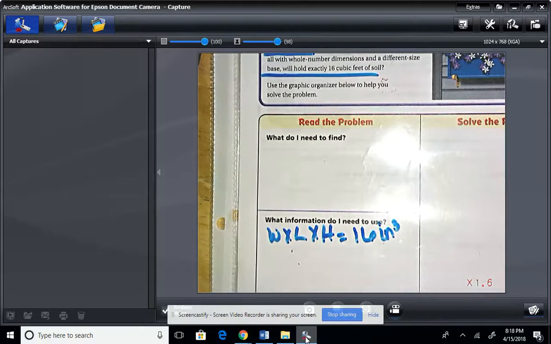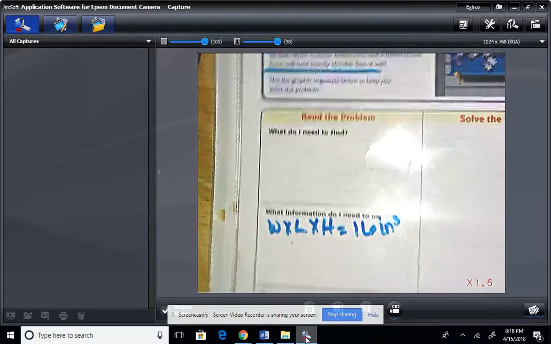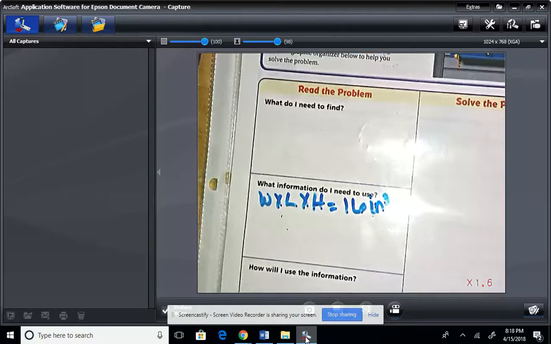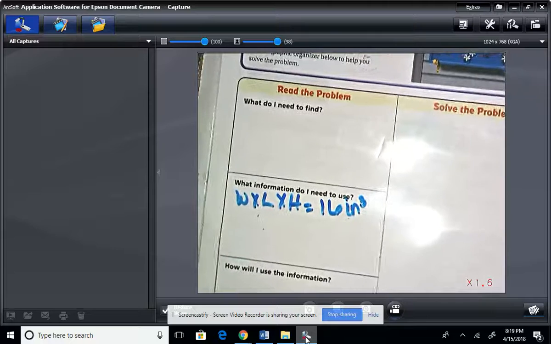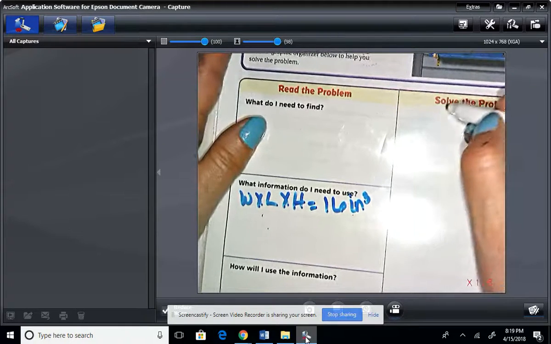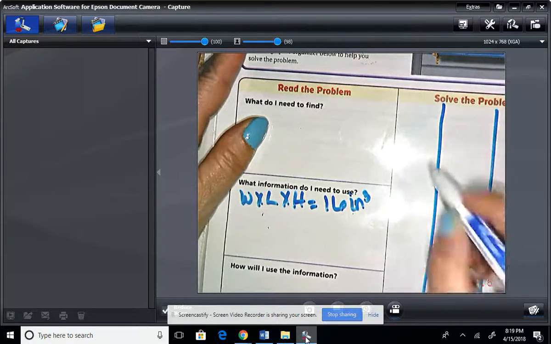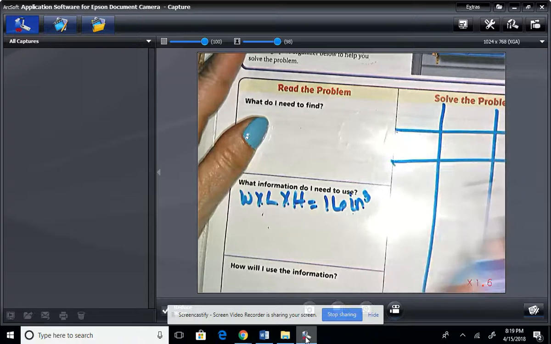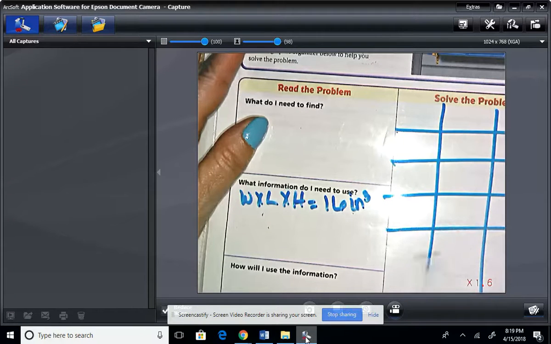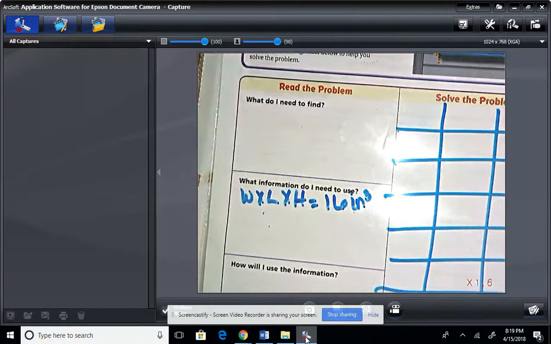So I'll just use the formula for it. So I'm gonna do a table just like I did before. And I don't know how many I'm going to need. I don't know how many you're going to need, but we're going to start. We got to know our facts equal 16.